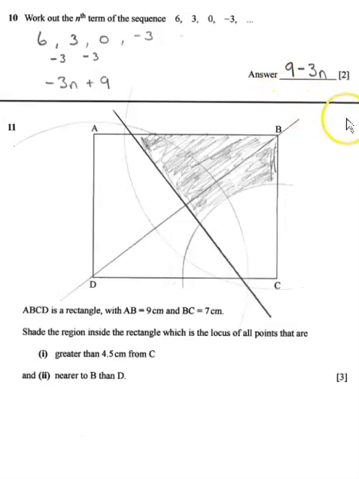So question 11 is a constructions question. So ABCD is a rectangle with AB is 9 centimeters and BC is 7 centimeters.